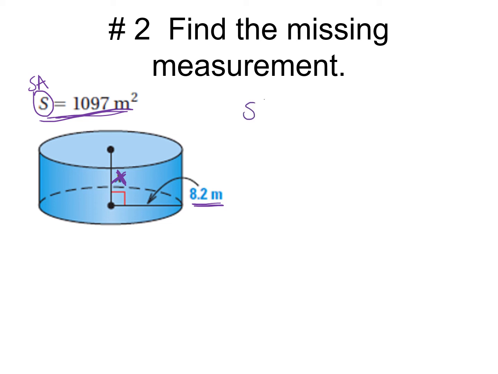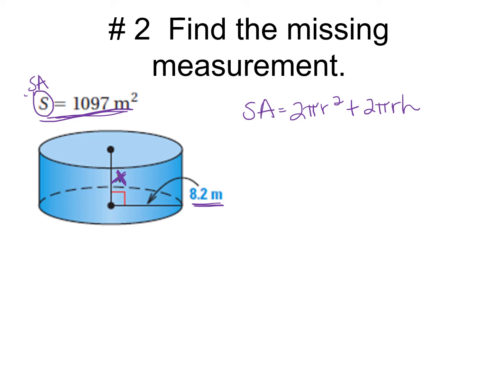The surface area formula that we have for cylinders is 2 pi r squared plus 2 pi r h. From here, I'm going to take everything I know from this picture on the left and plug in for those.